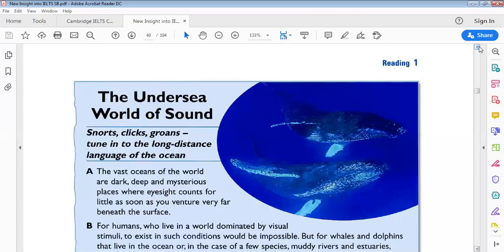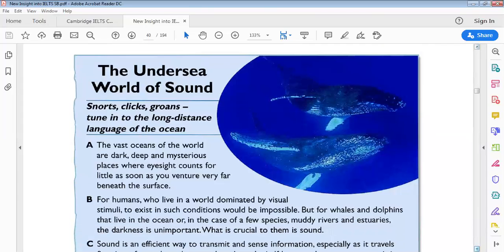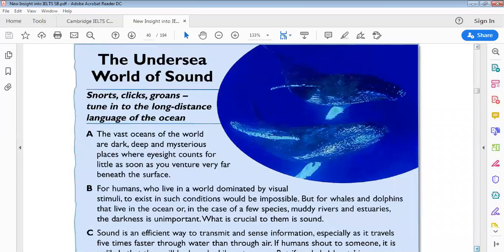Now I have to look at each paragraph and then look for main ideas. Underline the main idea in each paragraph. The vast oceans of the world are dark, deep and mysterious places.